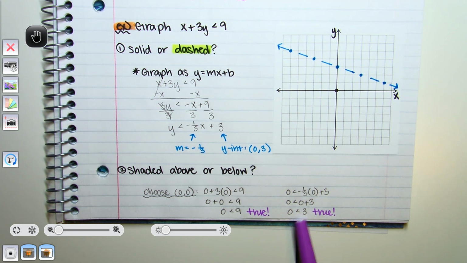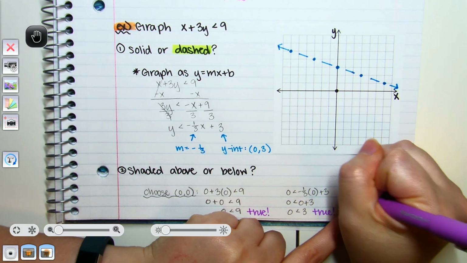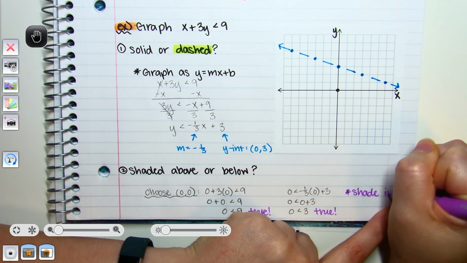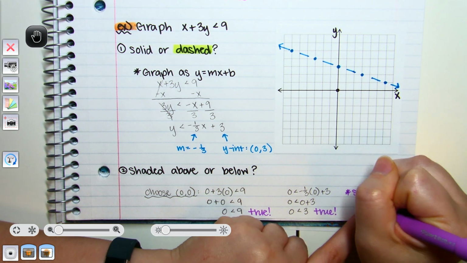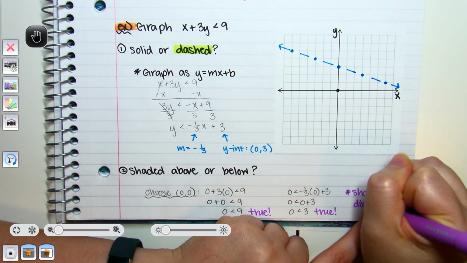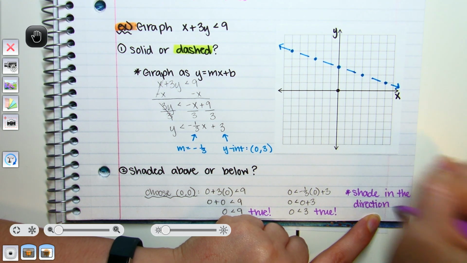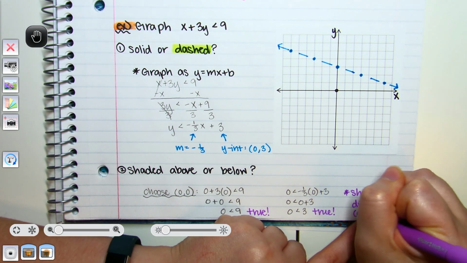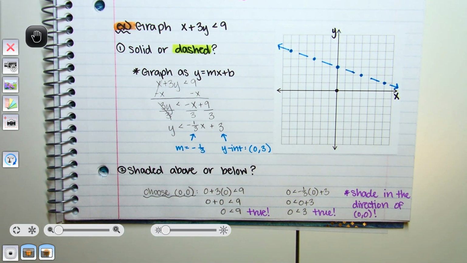So because it is a true statement, we are going to shade in the direction of (0, 0), because that's the point that we plugged in.